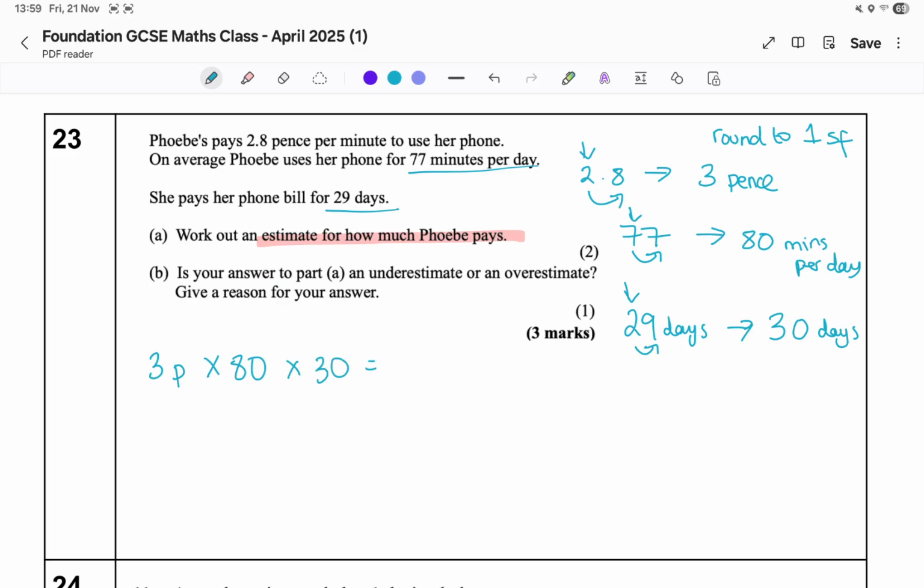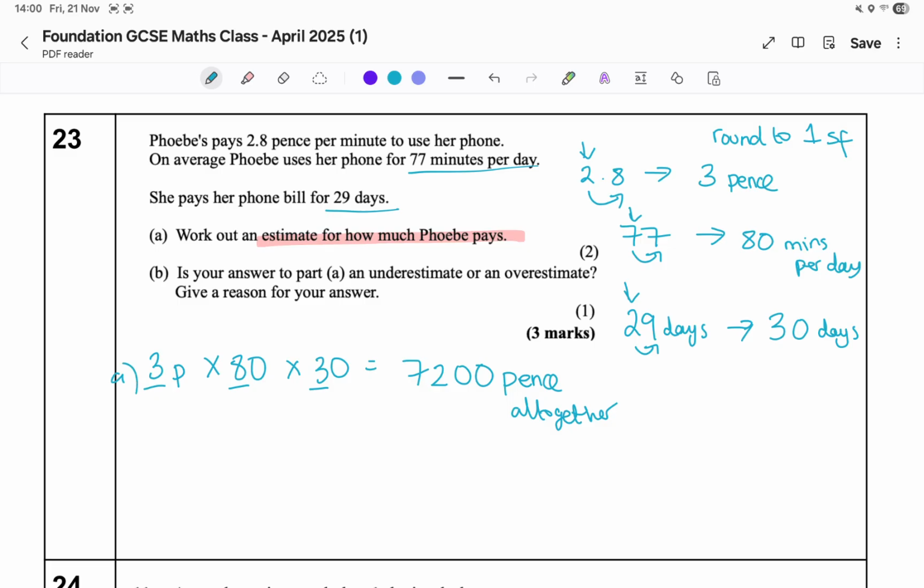So I can do 3 times 8 times 3. 8 times 3 is 8, 16, 24. 24 times 3 is 72. And just add the zeros in, 1, 2. So that's how much she's paying in pence altogether. Okay, so that's the answer to part A.